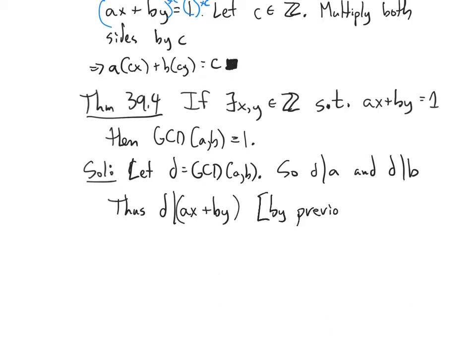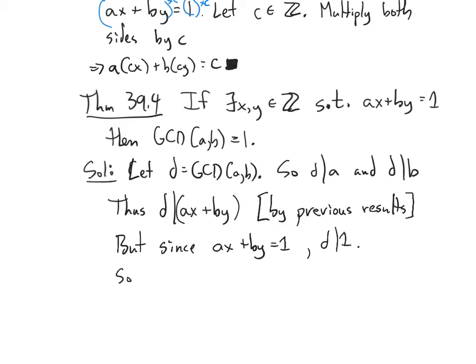I forget exactly where they were, but they were either on your assignment or in a previous lecture. So we know that. But since we know that ax plus by indeed equals 1, we know that D must be a factor of 1 as well because they're equal.